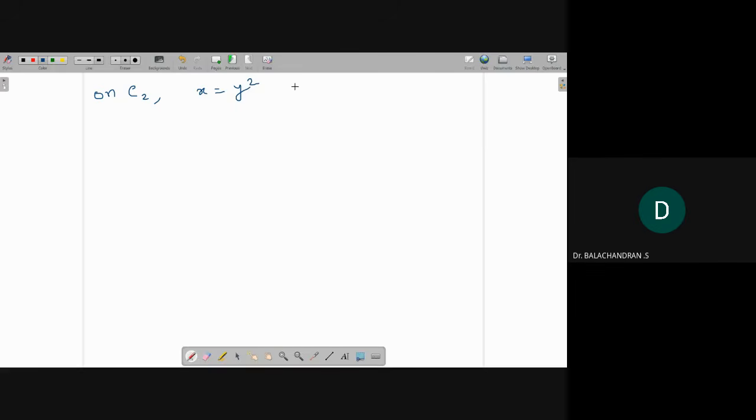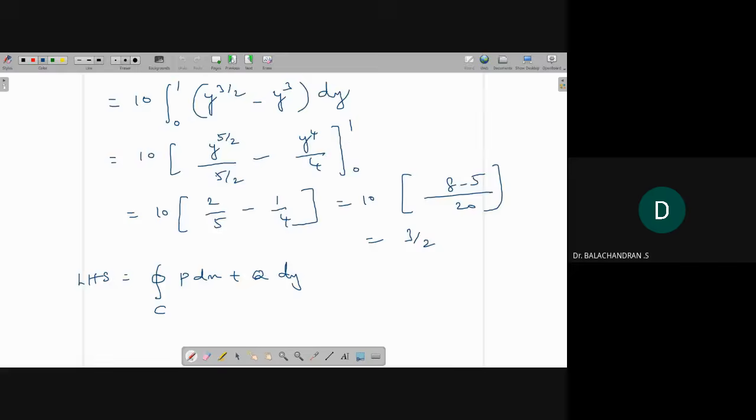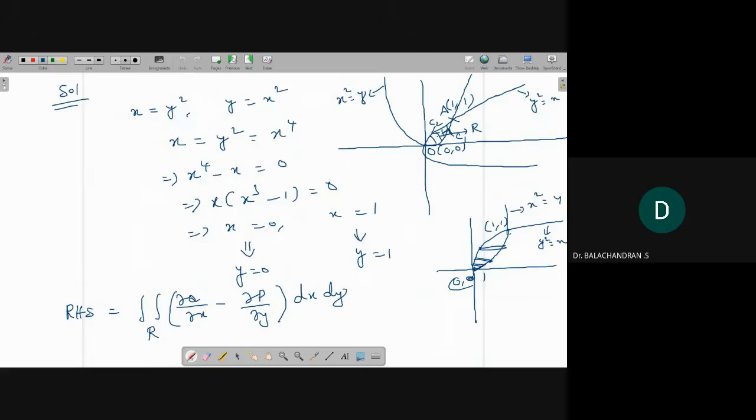So this implies dx is equal to 2y dy. What about the limits on C2? Y varies from where to where? Yes, you are correct. Y varies from 1 to 0.